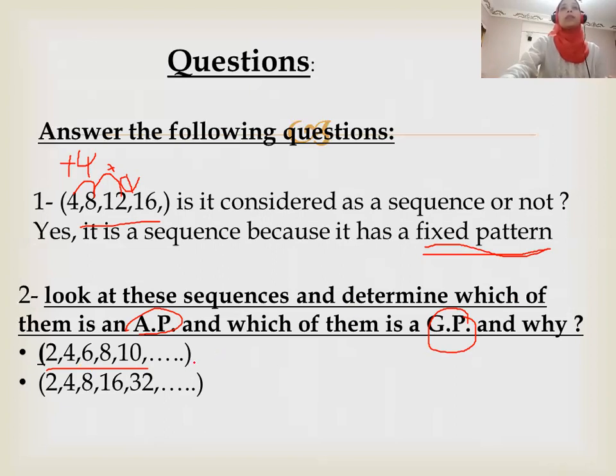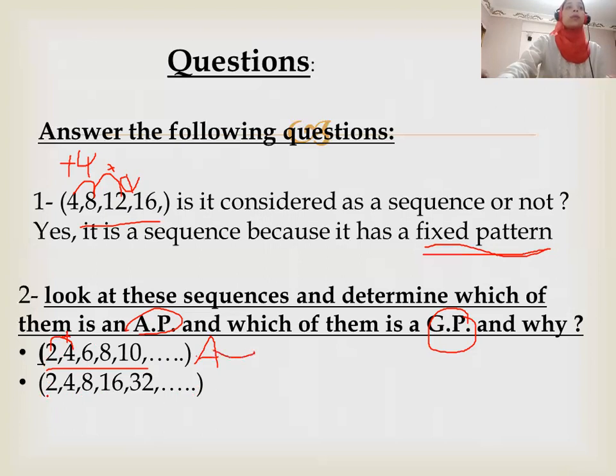Remember, if you add a fixed number, it's arithmetic. And if you multiply each term by a fixed number, it's a geometric progression. So is this group an arithmetic or geometric progression? We add here, so it's arithmetic.